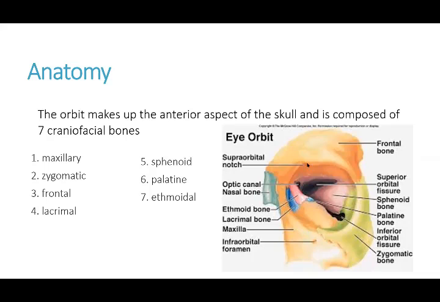The bones that make up the orbit are maxillary, zygomatic, frontal, lacrimal, sphenoid, palatine, and ethmoidal.